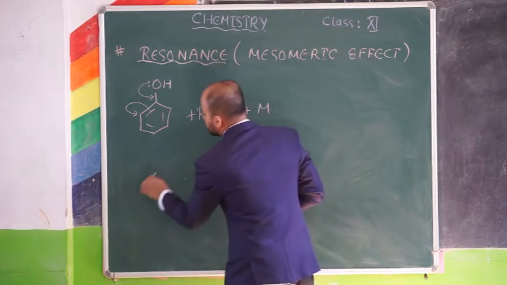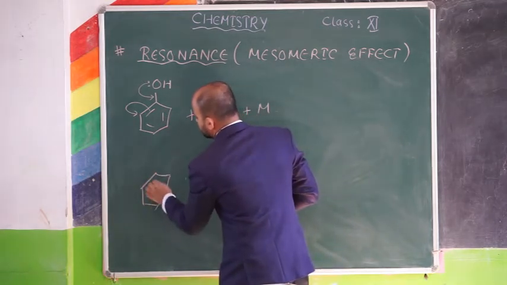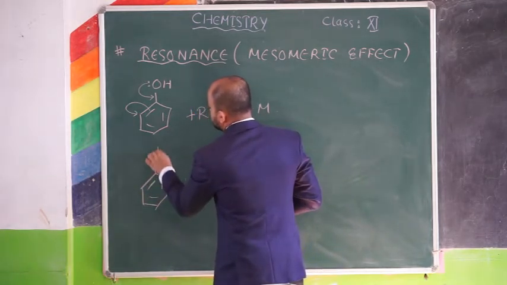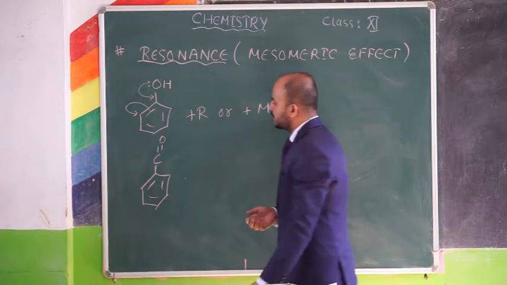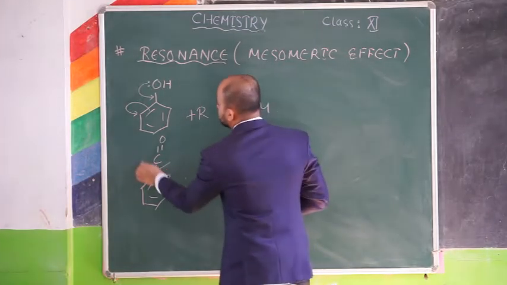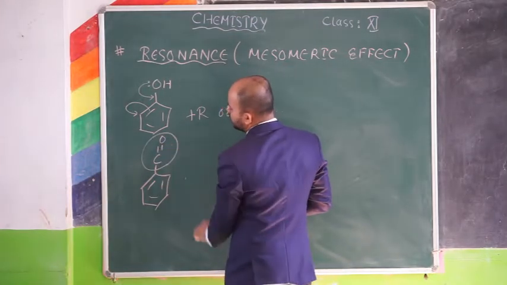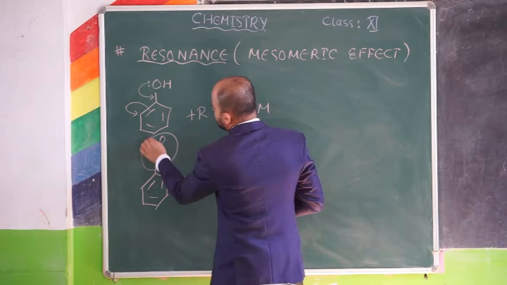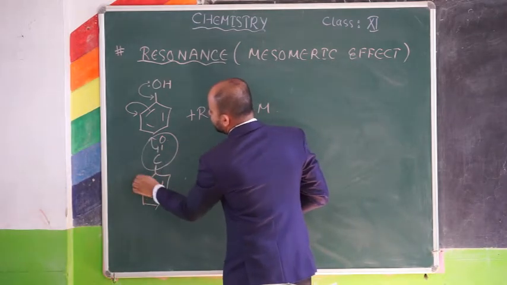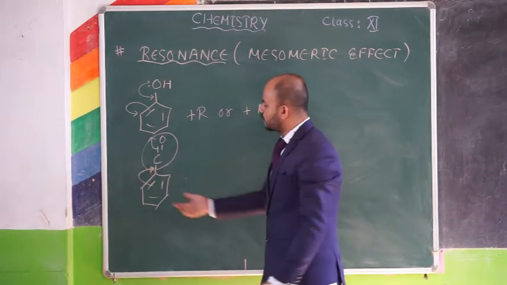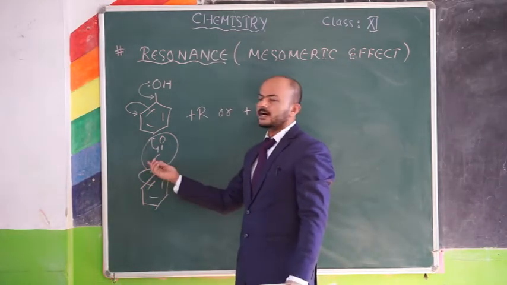And other groups, like where a C double bond O is present: here oxygen is more electronegative than carbon, therefore this electron will be shifted up and the electron of the ring will be pulled upwards.